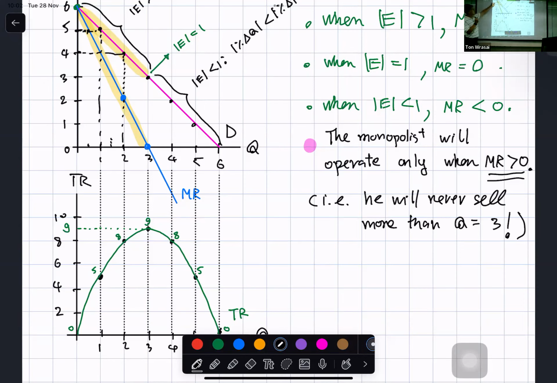That means reducing price from 6 to 5, 5 to 4, 4 to 3 will bring a desirable outcome. Reduce price from 6 to 5, revenue climbs up from 0 to 5. Again, reduce price from 5 to 4, revenue climbs up from 5 baht to 8. Reduce price from 4 to 3, revenue increases again from 8 to 9.